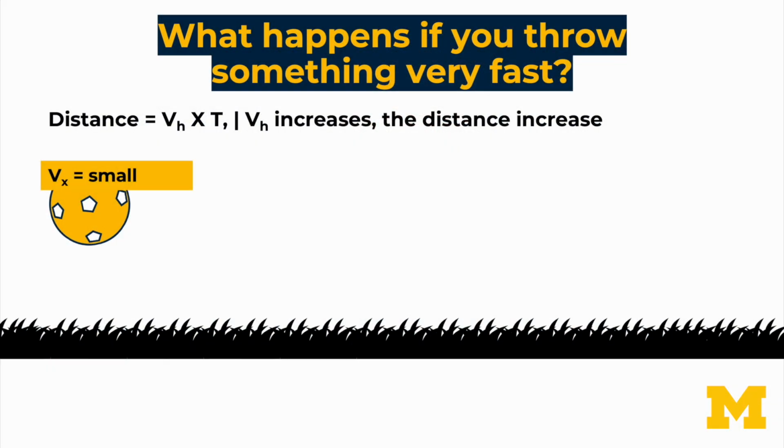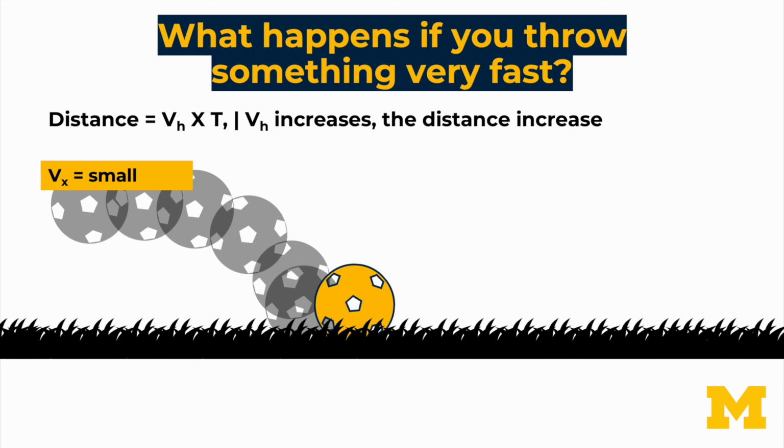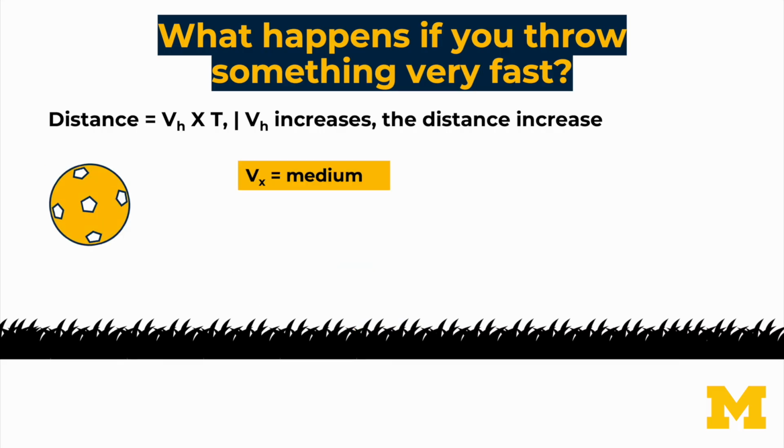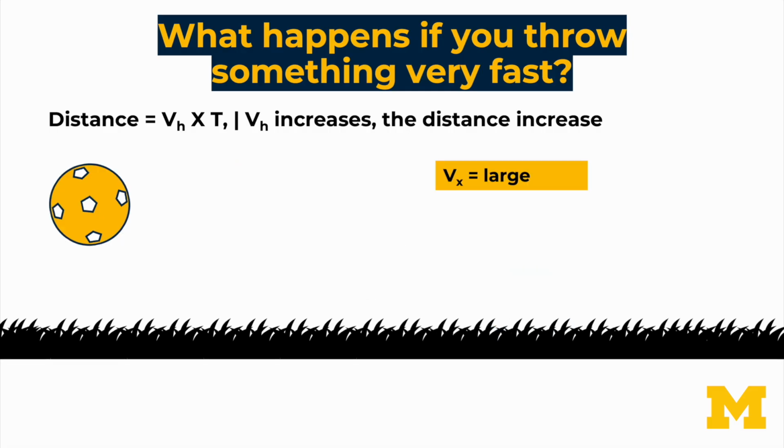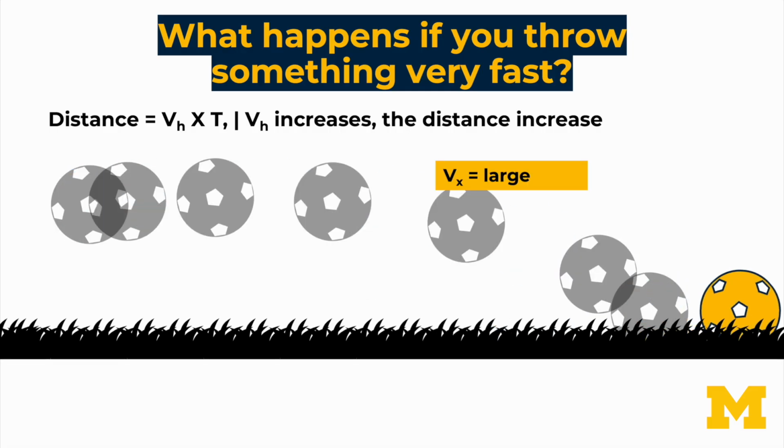And if the velocity of the ball starts out as being very small, then it falls to the ground and it doesn't move very far to the right. But if the velocity is medium, it moves a little bit further. And if the velocity is large, it moves even further in the time that it takes gravity to pull it down.